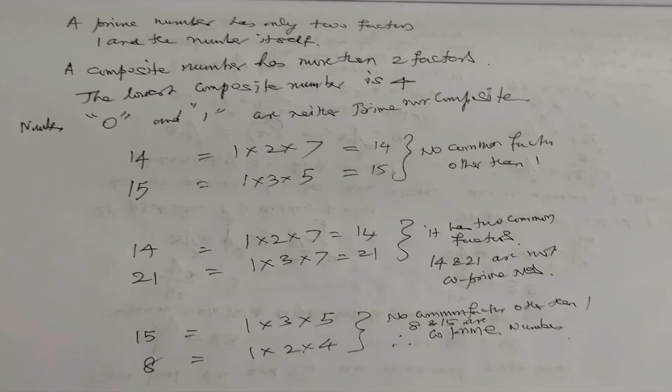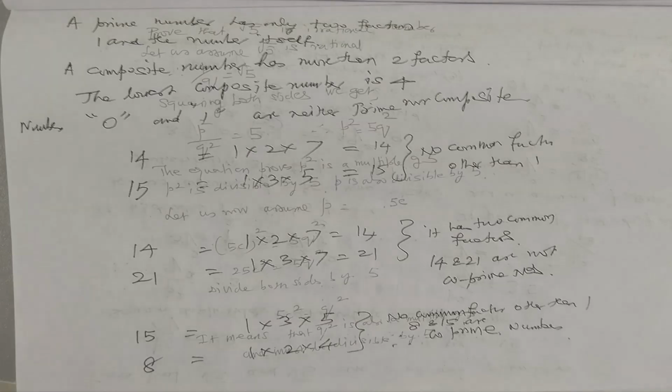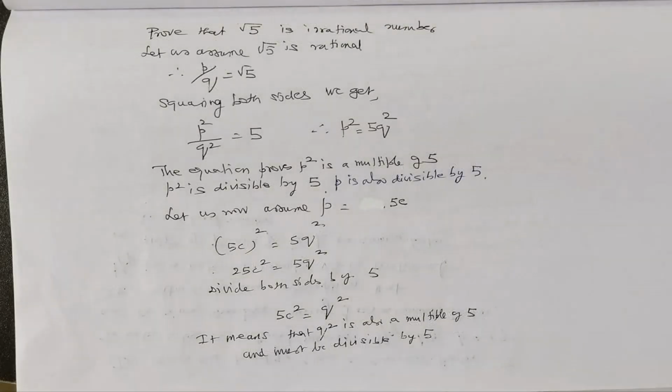Whereas 15 and 8 are co-prime numbers because 1 multiplied by 3 multiplied by 5 is 15, 1 multiplied by 2 multiplied by 4 is 8, and there is no common factor other than 1. Therefore, 8 and 15 are co-prime numbers. Now you will have problems where you will be asked to prove root 5 is an irrational number.